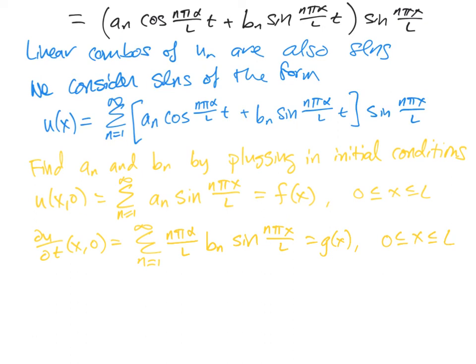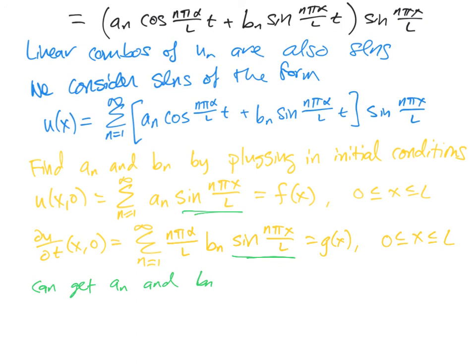So we can get the an and bn. Again, we've just got our sine terms here. These are exactly the same eigenfunctions that we had before.